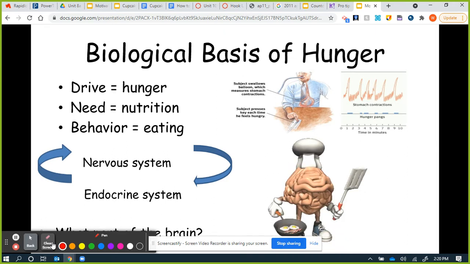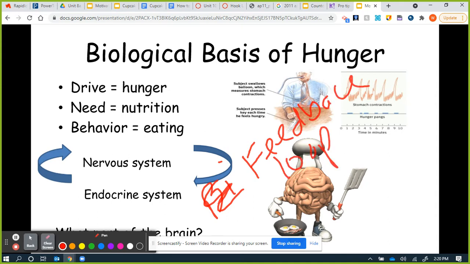Hunger on the biological level is referred to as a feedback loop, because it is a constant communication between the nervous system and the endocrine system.